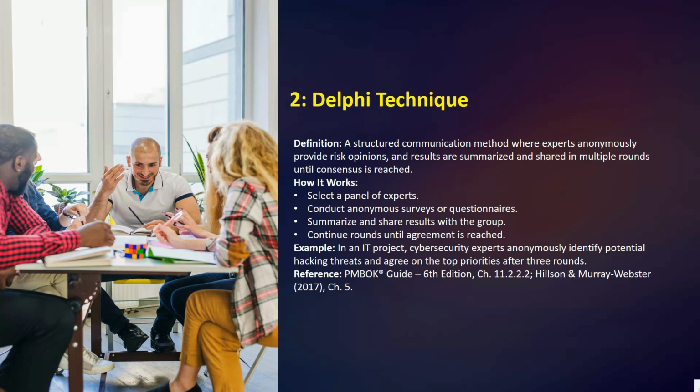This process continues until consensus is reached, leading to a more objective and validated list of the risks. Here we have the example: in an IT project, cybersecurity experts anonymously identify the potential hacking threats and agree on the top priorities after 3 rounds. I hope this is clear.